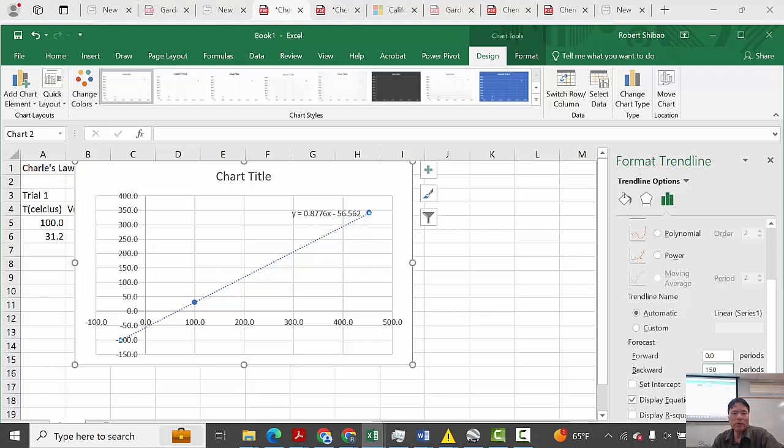What I'm looking for is where it intercepts the x-axis here, and that's going to tell me that. It looks like it's intercepting here. But I'm going to use this equation to calculate the intercept. I'm going to set y equal to 0 and then solve this equation for x. Then I'll get the intercept using Excel. So we're going to do that.